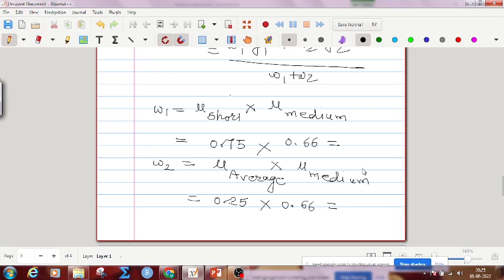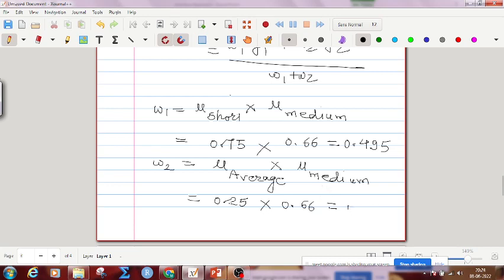Yes, 0.495. And if you consider the next value, it is 0.25 into 0.66.